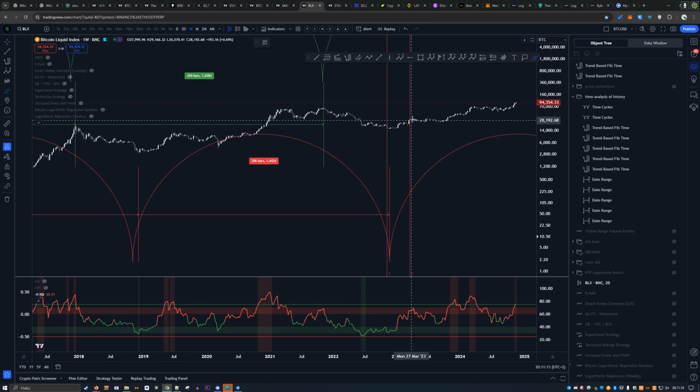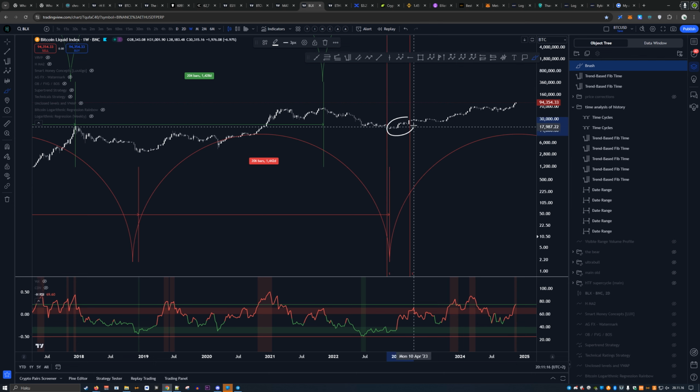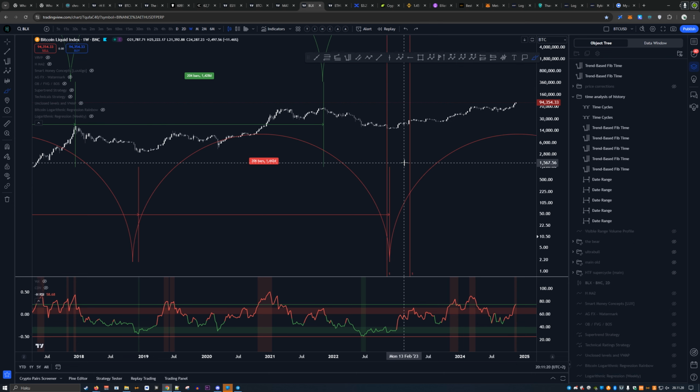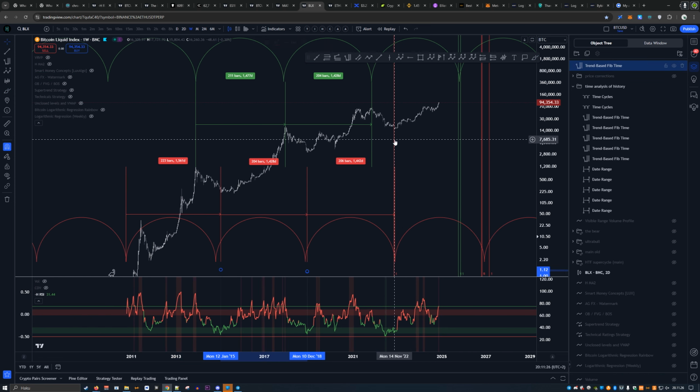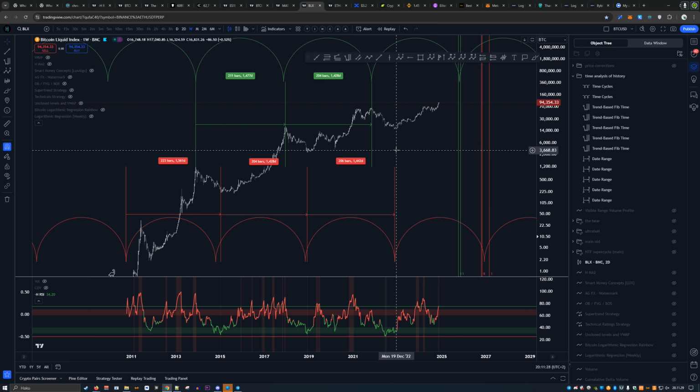You can see that this is the area where we would be looking for a low. Well, that happened exactly where it was, between these 2 areas. So again, there is some validity to this, even with just these 2 previous cycles.